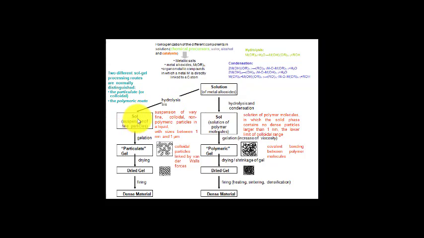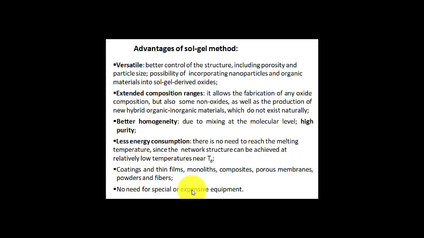By hydrolysis we get sol. Similarly, by hydrolysis we will get sol. The gelation can be of two types: one is polymeric gel formation and the second one is particulate gel formation. After the polymer or particulate gel is dried, we get dried gel, and on firing we get dense material, which is our final product.